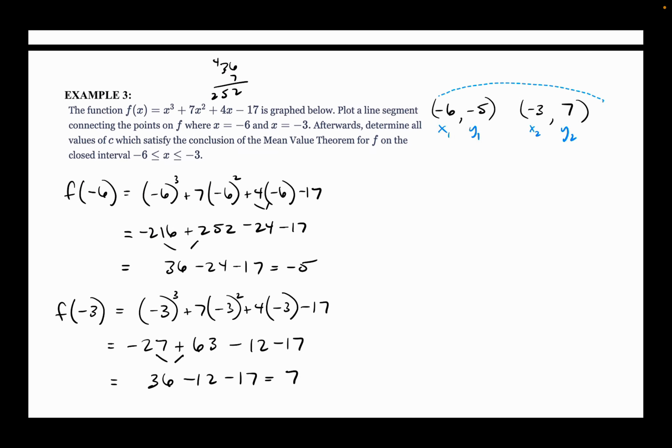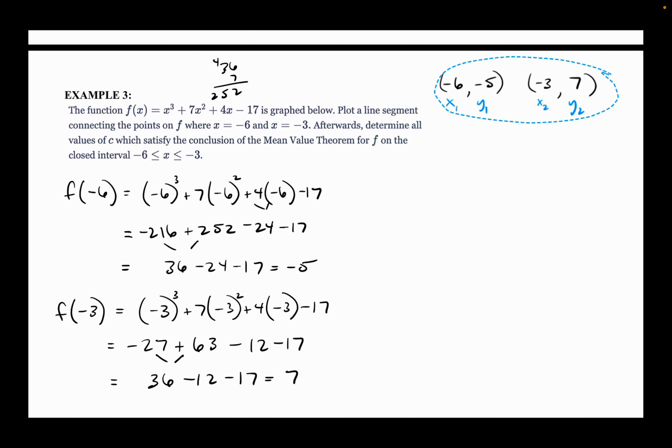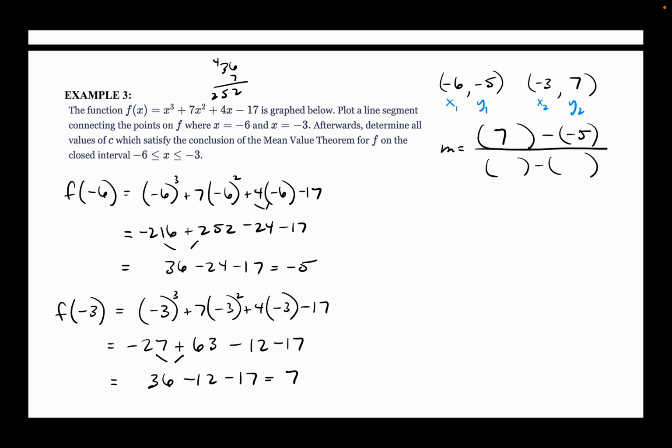We're going to use those to find slope. Okay. y2 minus y1 over x2 minus x1. 7 minus negative 5, negative 3 minus negative 6.